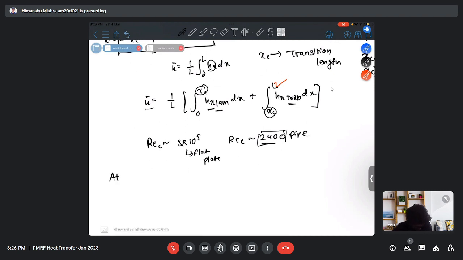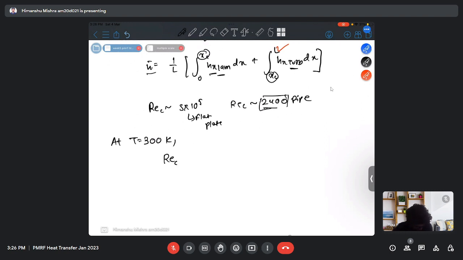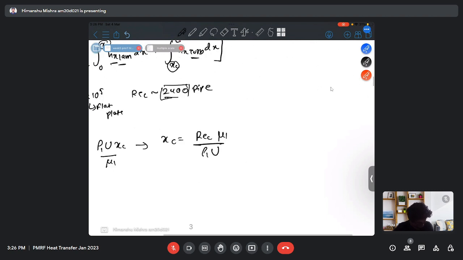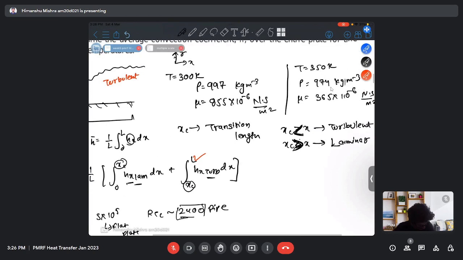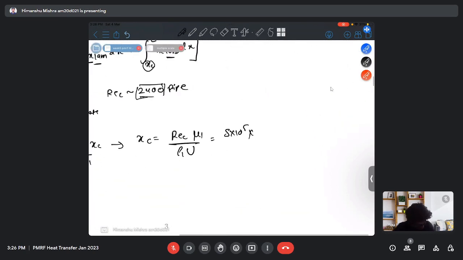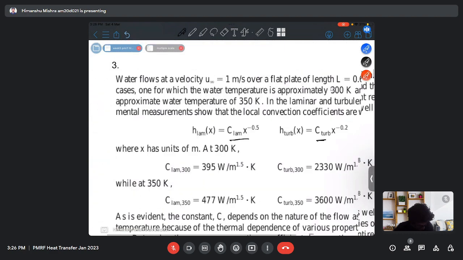So at temperature 300 Kelvin, we have rho, and my XC will be Re_c mu_1 over rho_1 u. My mu_1 for 300 Kelvin is 855 times 10 to the power minus 6, my density is 997, and velocity is given as 1 meter per second.